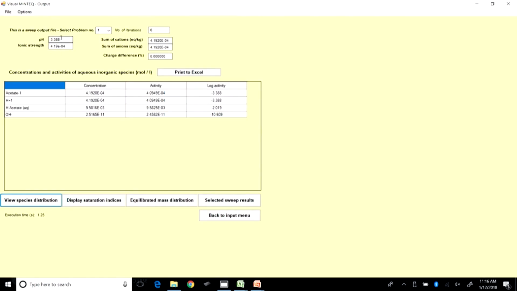And obviously the first case we can look at is, because I am just adding HAc, the pH is going to be in the acidic region, 3.38, and the number of titrations here is 50, as you can see, or iterations, pardon me. Then I need to look at the selected sweep results.